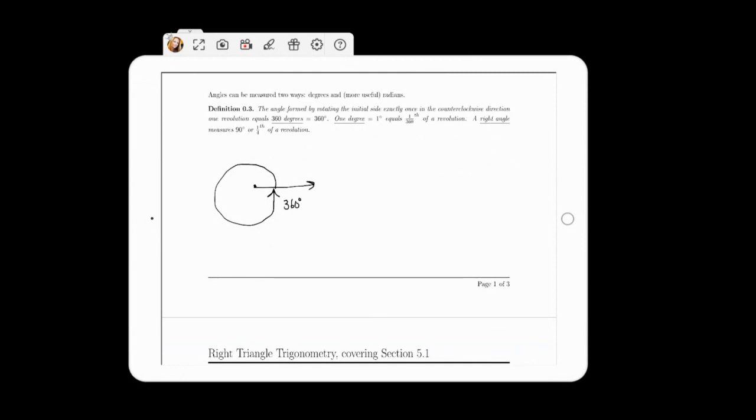That's the full circle. So 1 degree, therefore, equals 1/360th of a revolution. And a right angle is 1/4 of a revolution. So 1/4 of 360 degrees equals 90 degrees. That's the right angle.